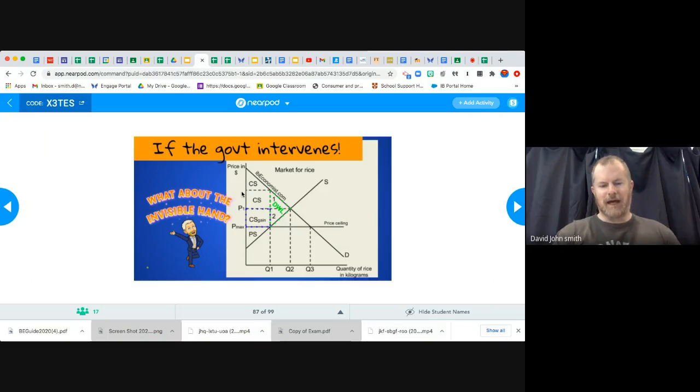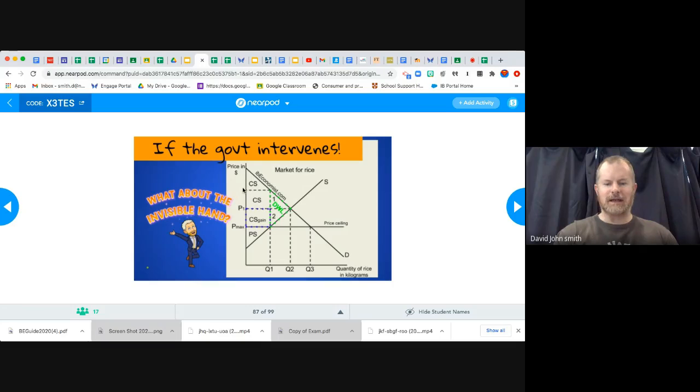So because this is all that's on the market, there's been a reduction in quantity available. You end up with this quantity here being supplied and this quantity here being demanded. So there is a big excess of demand from Q3 to Q1.